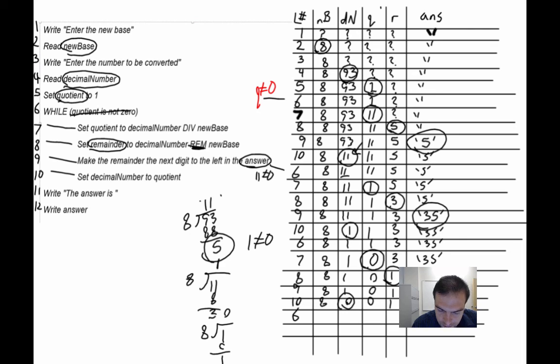Line 6 is executed, and when we go to line 6, we find that the condition is not true. Quotient actually equals 0, which means we're going to branch down out of the loop to line 11.